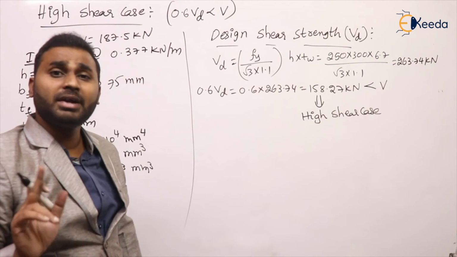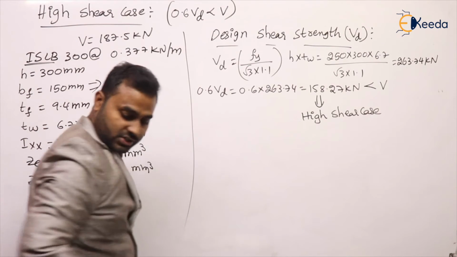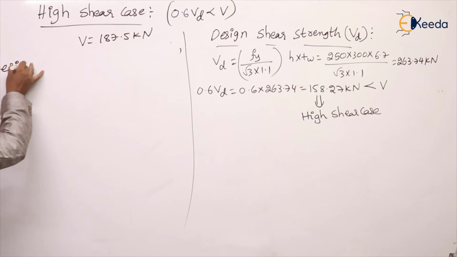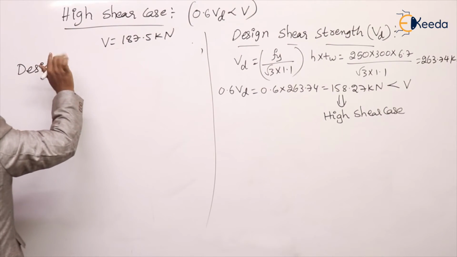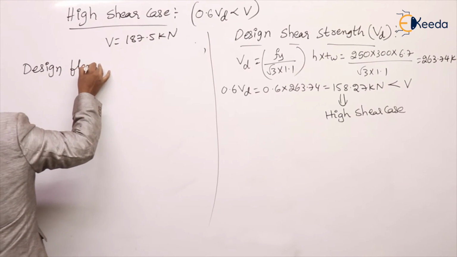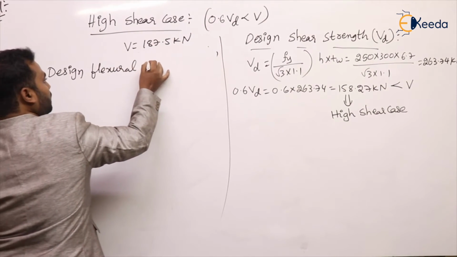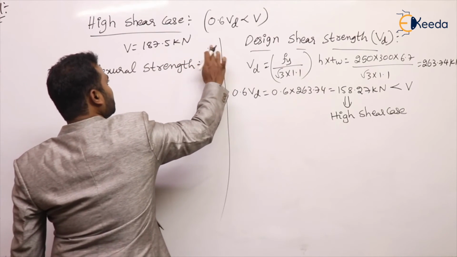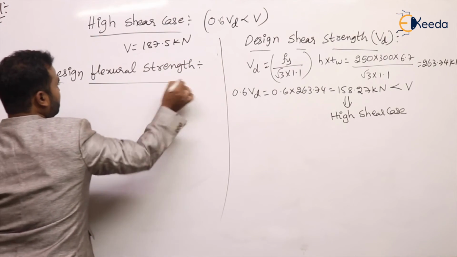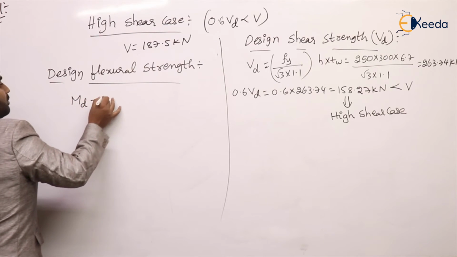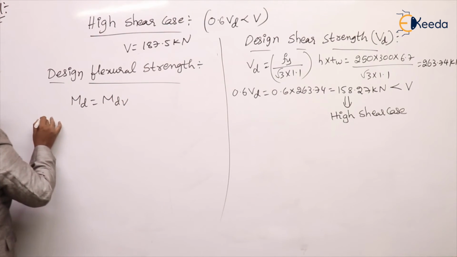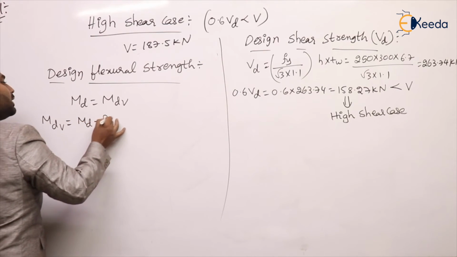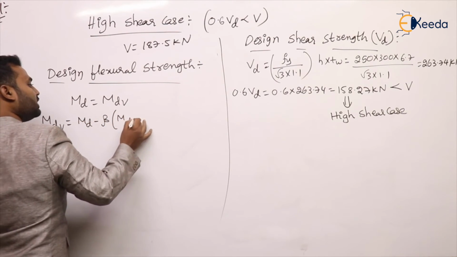Now, what is the design bending strength? Okay, design bending strength or flexural strength. So design flexural strength in high shear case is represented with MD, so MD is represented with MDV, right? Now MDV formula is, MDV is equal to MD minus beta into MD minus MFD.